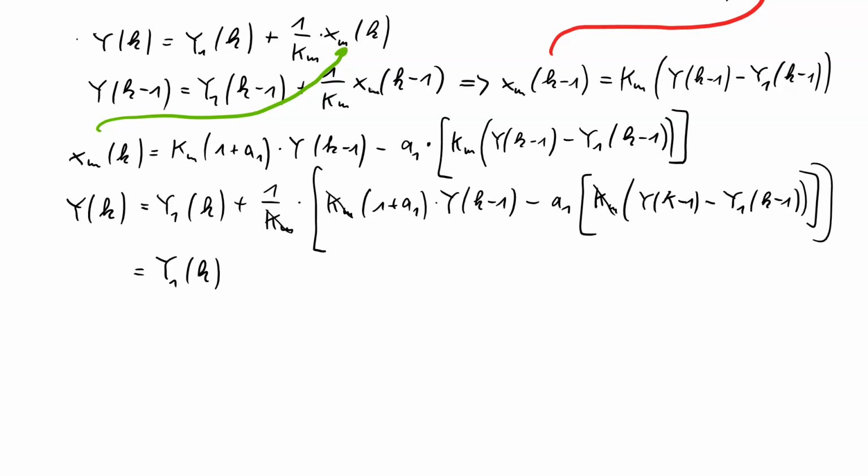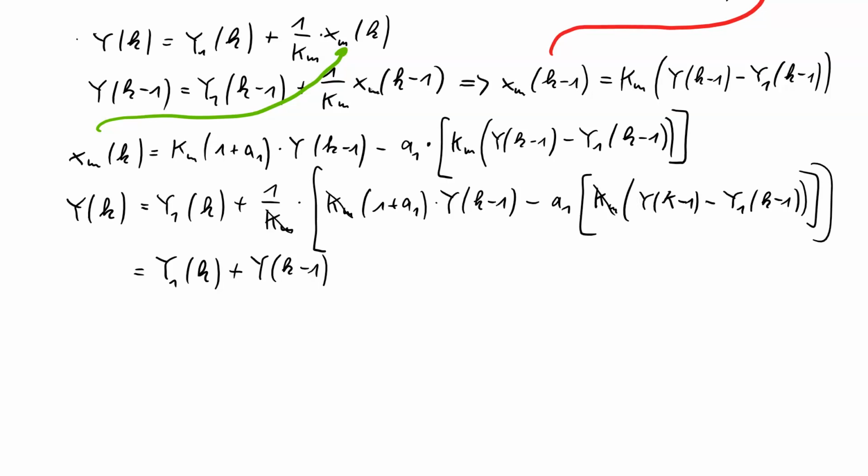Then we have plus 1 times y of k minus 1, so plus y of k minus 1 plus a1 y of k minus 1 minus a1 y of k minus 1.